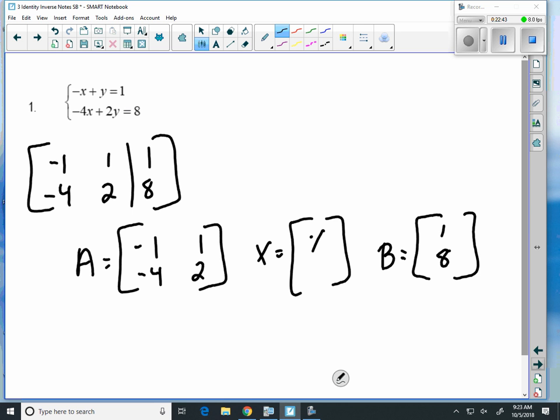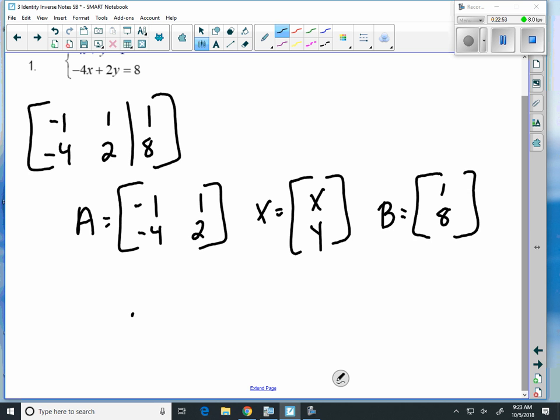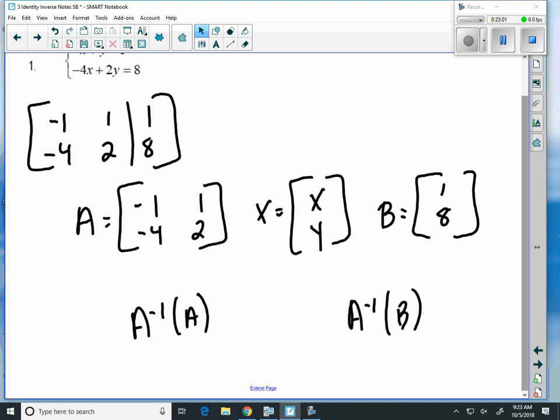Just X and Y, because we only have 2 variables. Okay, so you're going to go ahead and enter matrix A and matrix B in your calculator. You're going to do A inverse times A and A inverse times B.